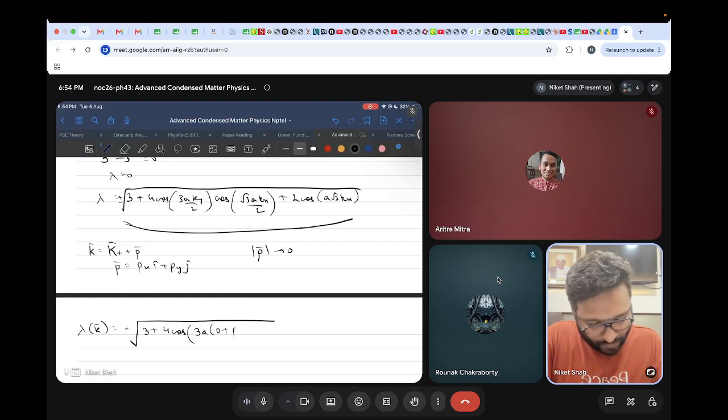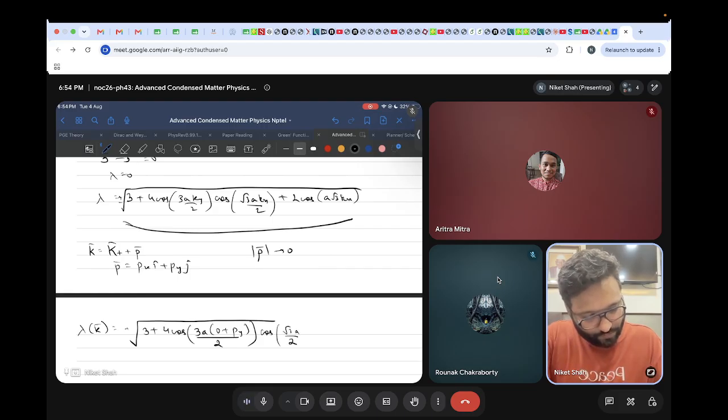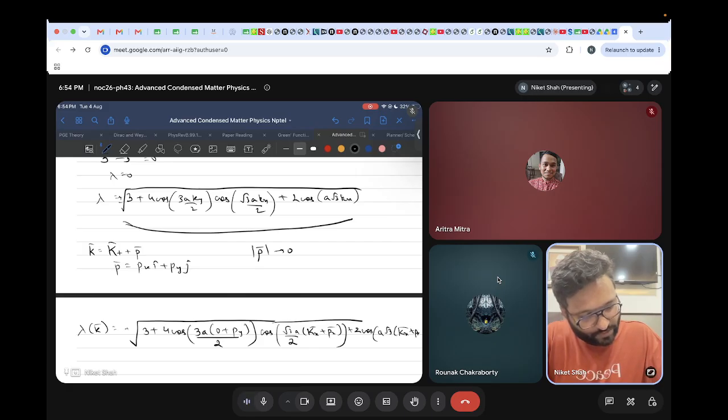Zero plus py by 2 cos of root 3 a by 2 kx plus px, plus 2 cos a root 3 kx plus px.